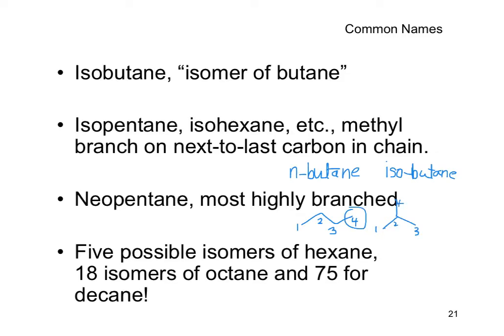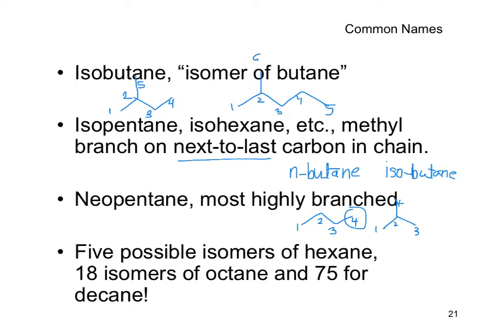Okay, so you could have isopentane, isohexane, etc., by having a methyl branch on the second, the next to last carbon. It's not the peripheral, but the second one. So isopentane would automatically mean that the total number of carbon atoms should be 5, and the methyl is going to hang off the second position. Likewise, if you have isohexane, your main chain is going to contain 5, and the second position will have your 6th carbon as the methyl group.